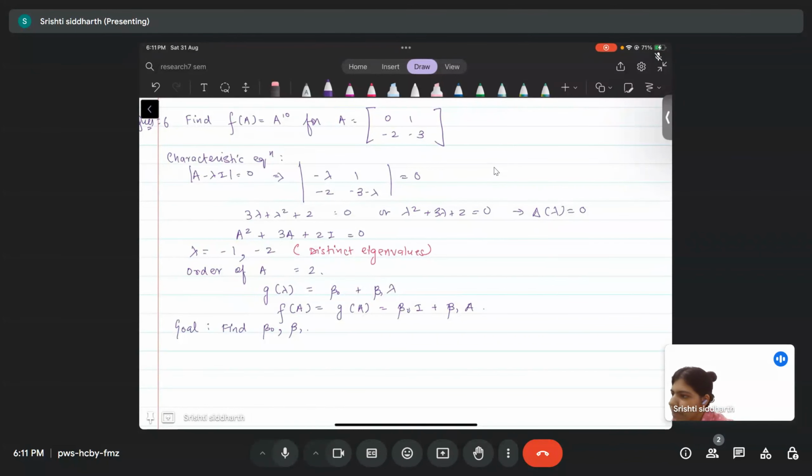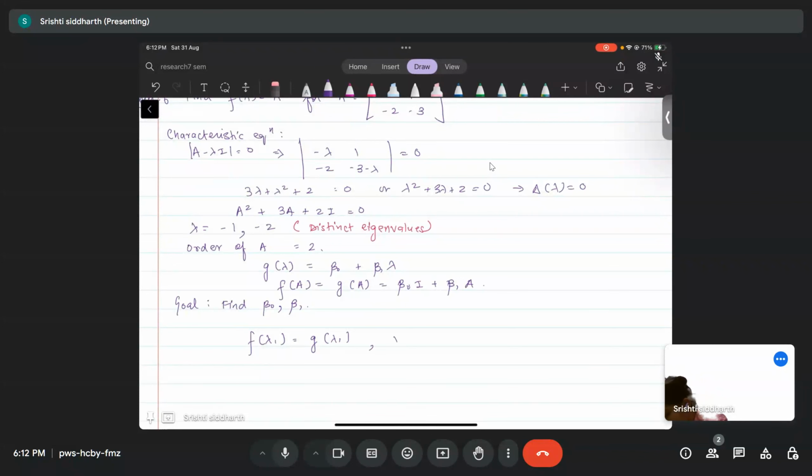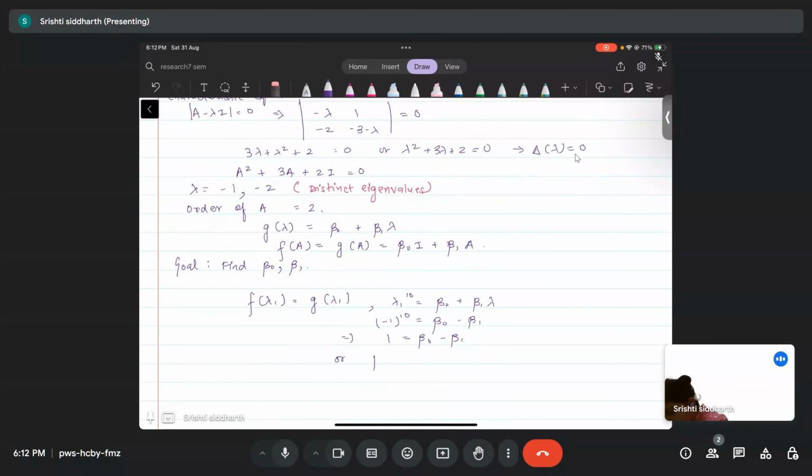Okay, so how do we do that? f at lambda 1 is g at lambda 1. So f at lambda 1 is simply lambda 1 to the power 10 equals beta 0 plus beta 1 lambda 1. You already know what the eigenvalue is, so minus 1 to the power 10. So this is simply 1 equals beta 0 minus beta 1, or beta 0 is 1 plus beta 1.